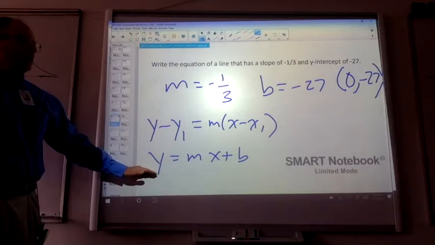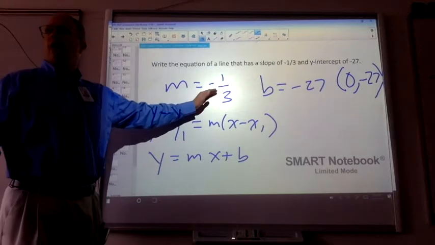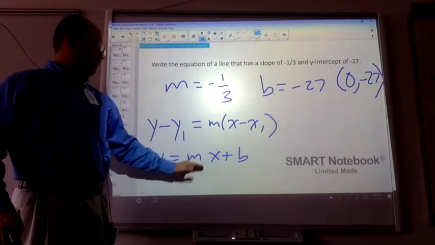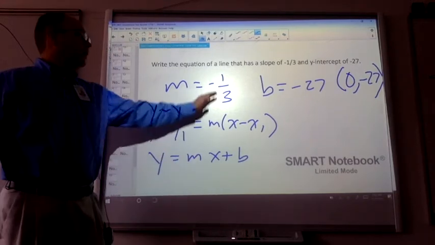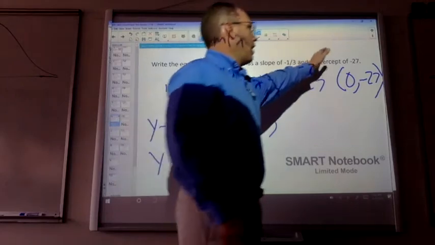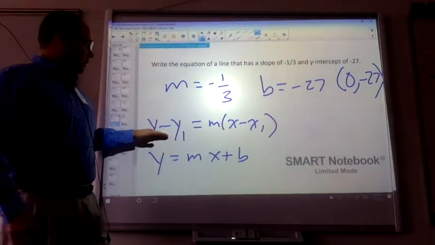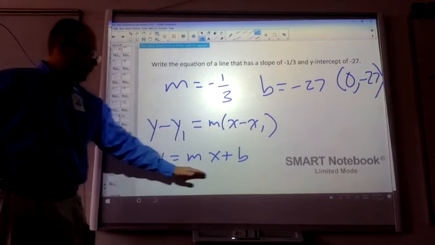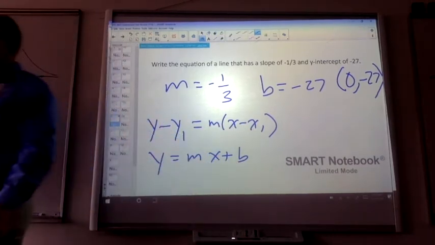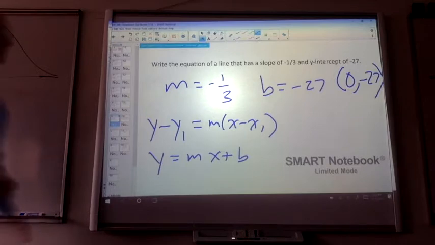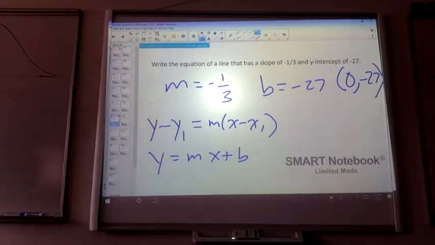Why? Because we know our m value. So the m value would work on both automatically, yes? But being that we know our y-intercept is b, we don't have b in this equation, but we do have b down here. Is that okay? So I'm going to use my bottom equation. I'm going to plug m in right here and b in right here.